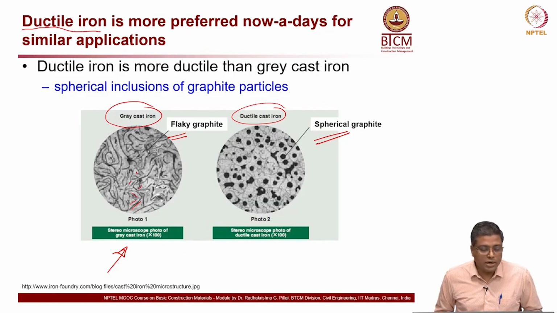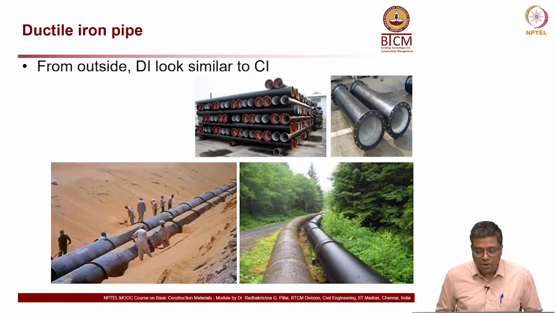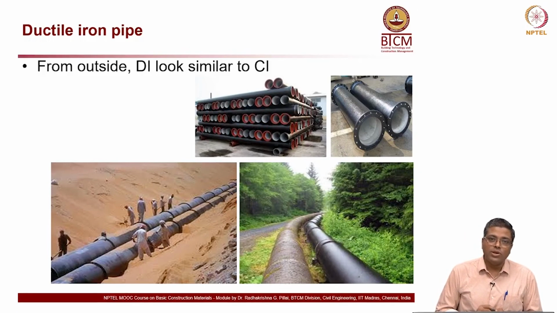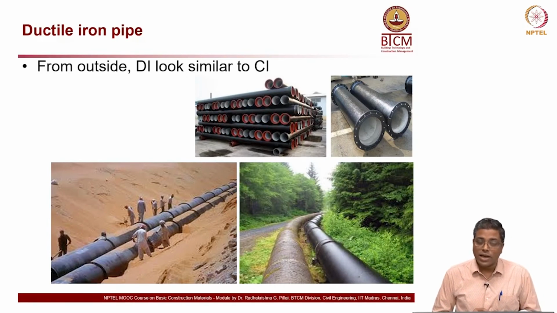We call it ductile iron because this is the major difference between these two, and it is achieved by changing the manufacturing process. So, from outside it still looks more or less similar. You can't really make out whether a pipe is a ductile iron or a cast iron unless you look into the microstructure of that.